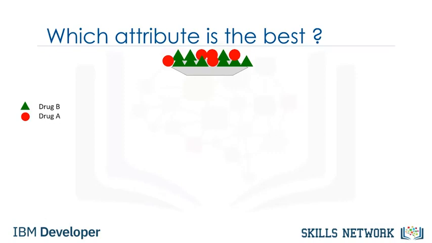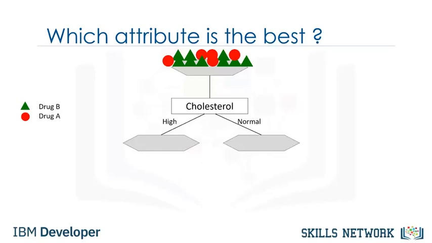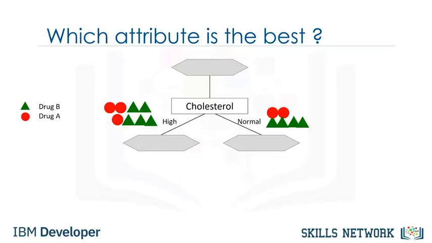What is important in making a decision tree is to determine which attribute is the best or more predictive to split data based on the feature. Let's say we pick cholesterol as the first attribute to split data. It will split our data into two branches.